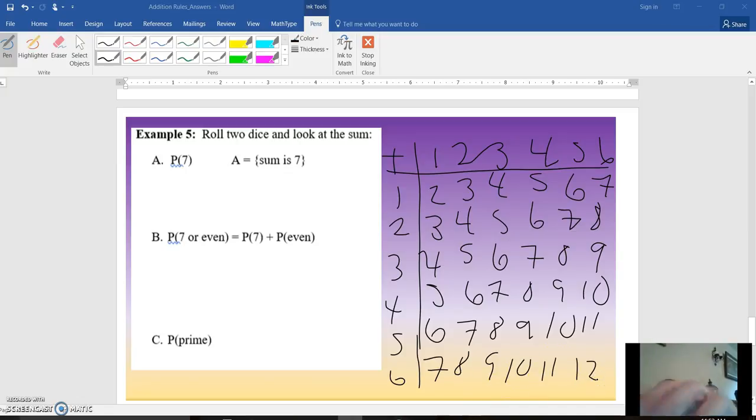All right, so these are the sums. So for example, 3 plus 2 is 5. Okay, so I just made like an addition chart.